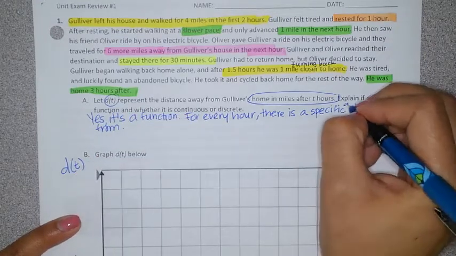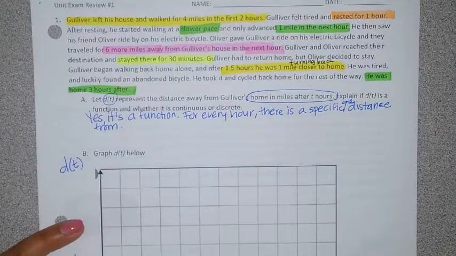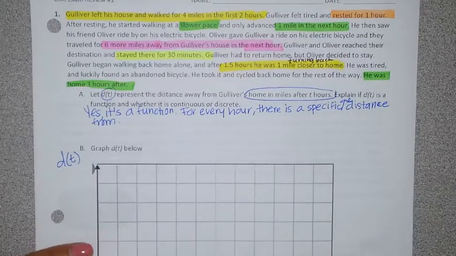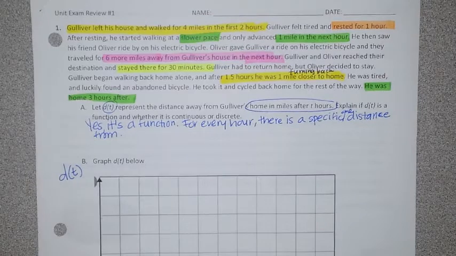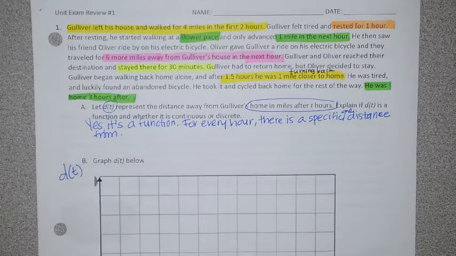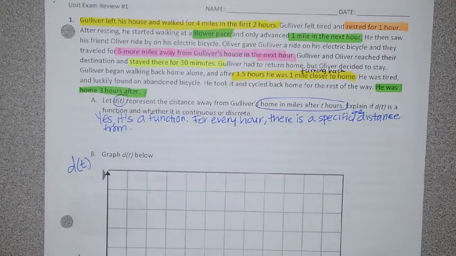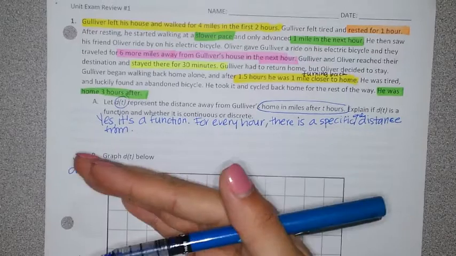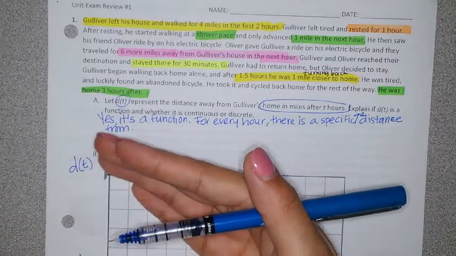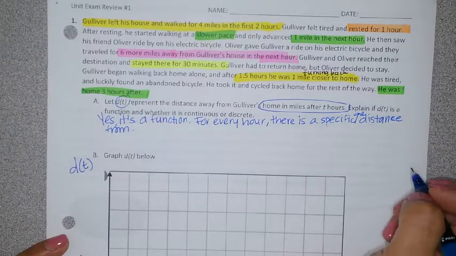So we can put here 1, or specific. Is it continuous or discrete? Remember, physically, when Gulliver is traveling away from home, like from 0 to 1 mile, or from 0 to 4 miles, he needs to physically go through every single mile in between the 0 and the 4 to get to the 4. Every single number in there, he physically goes through it. So this is a continuous function.